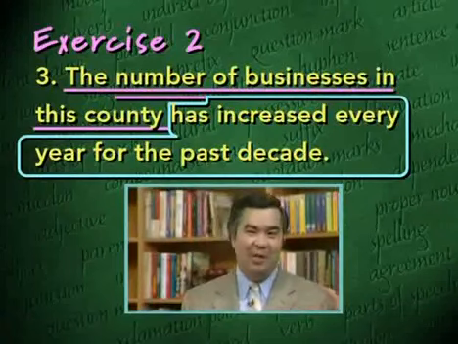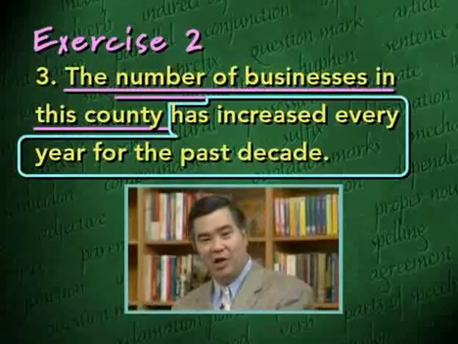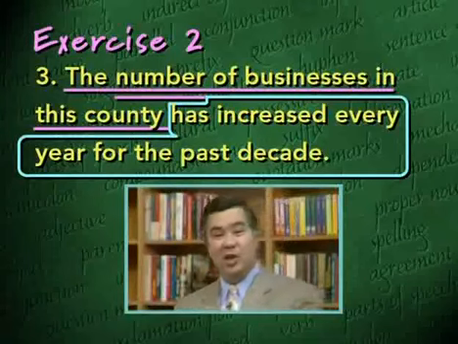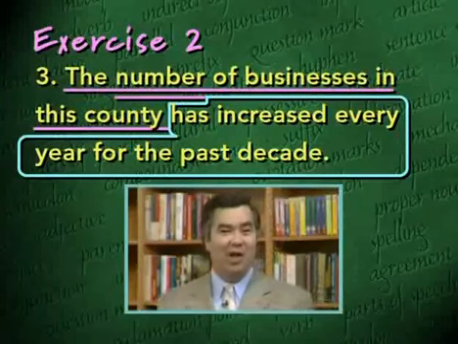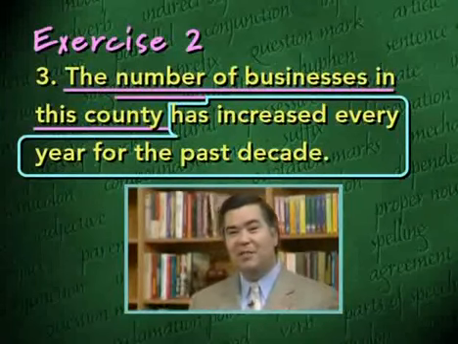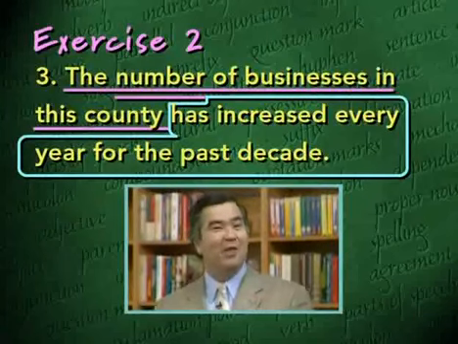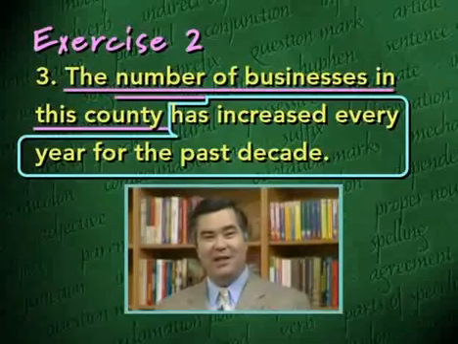In other words, the number was smaller at one time. Now the number is larger. Perhaps the number of businesses was 50. Now it's 100. The point is that the number has increased or gotten larger. So the simple subject here is the word number. It may be difficult to recognize because it's not at the end of the complete subject.